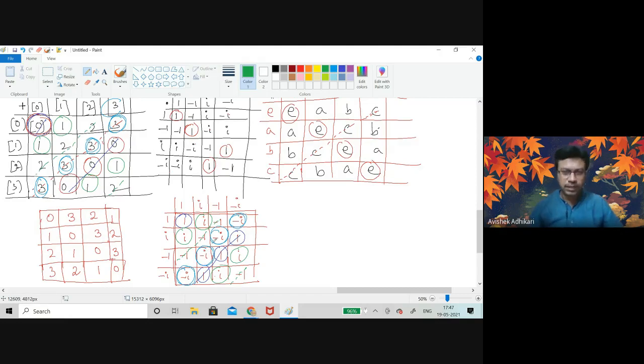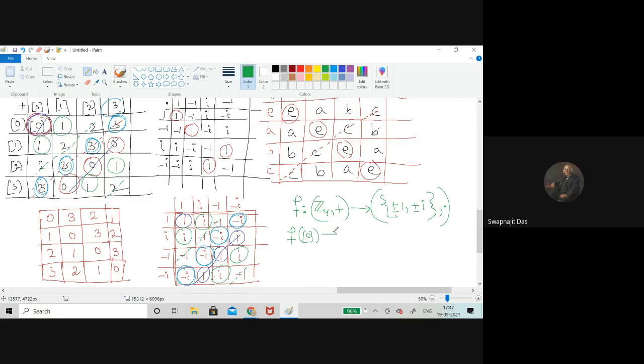So what do you think? Find some homomorphism from Z4 plus to ±1, ±I with respect to dot. Can you define it now? Is it now easy for you to define? So what should I send class 0? 1.